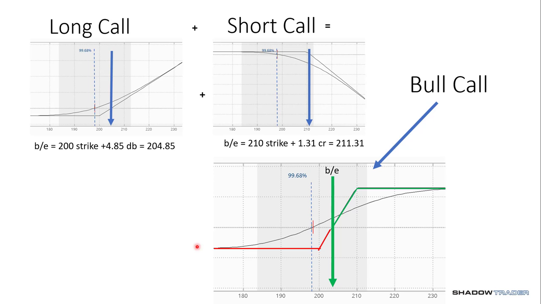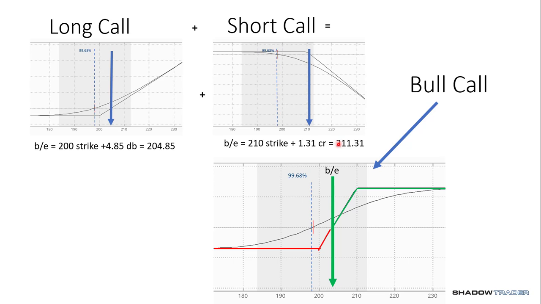Looking at this graphically, piece by piece, I have a long call at the 200 strike that I have to pay some money for. So I have to get it above the $204 price before I start making money on my long call alone. If I look at just the short call, I sell the 210 and I receive a credit of $1.31.